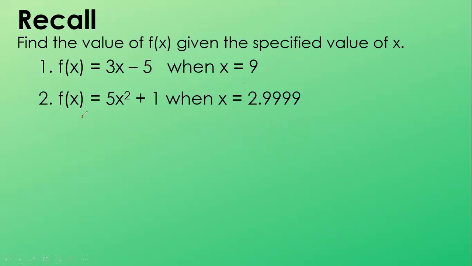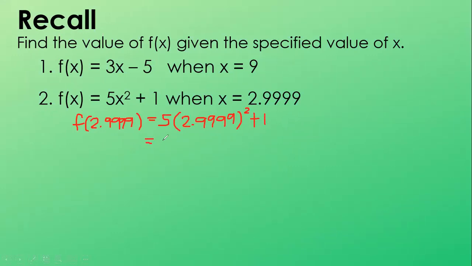Okay, so again, substitute. f of 2.9999 is equal to 5 times 2.9999 squared plus 1.